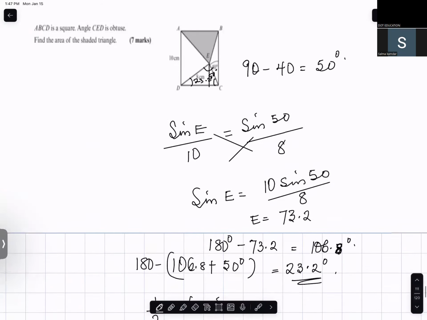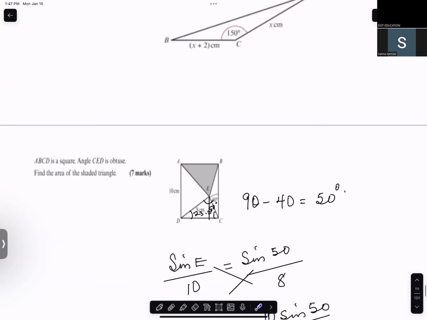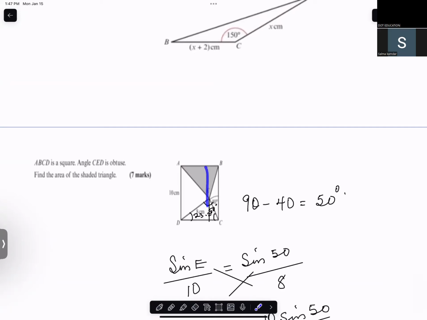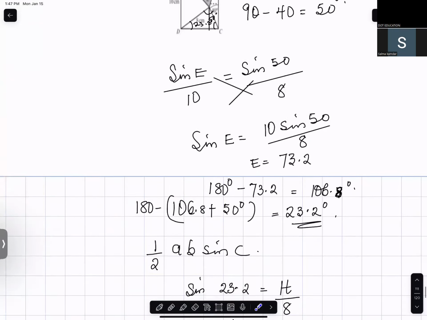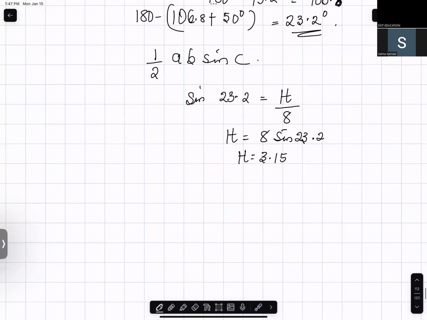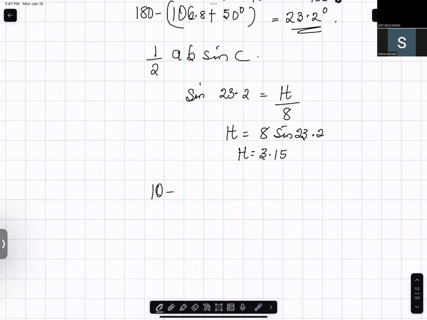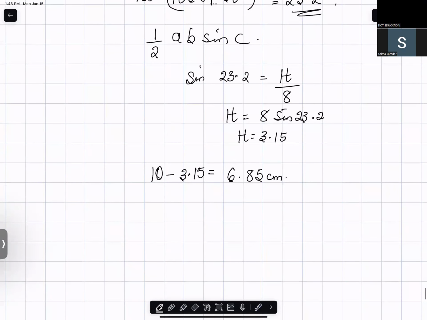So with this height gotten, I can go ahead to look for the height of triangle ABE. So looking for that, just do 10 minus 3.15. That'll give us 6.85. So I have 6.85 centimeters for the height. So now I can use that to find the area of my triangle.